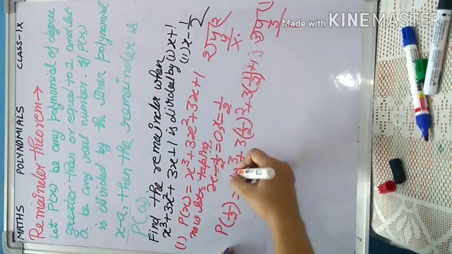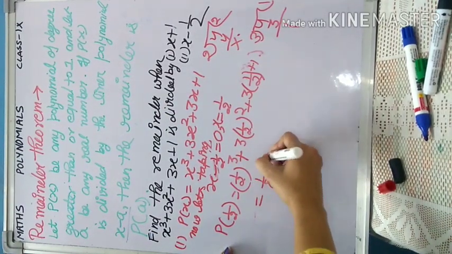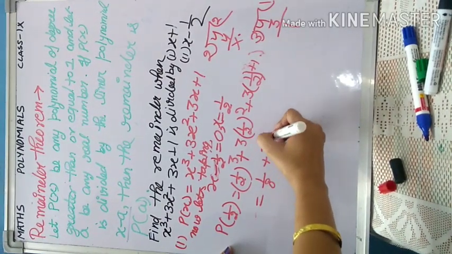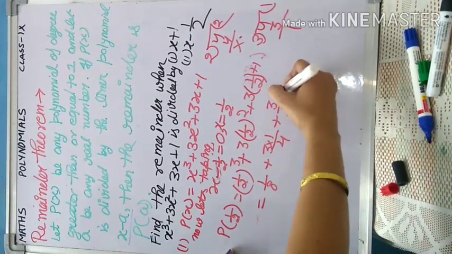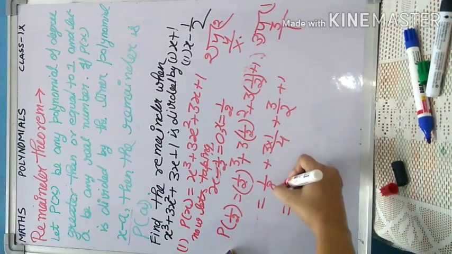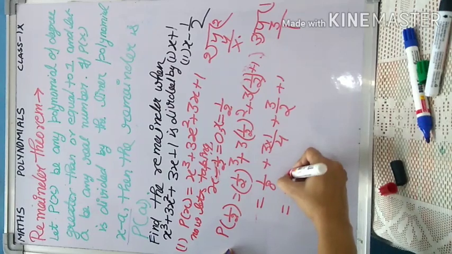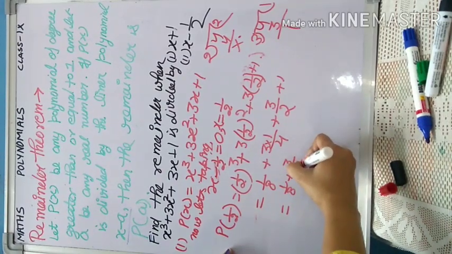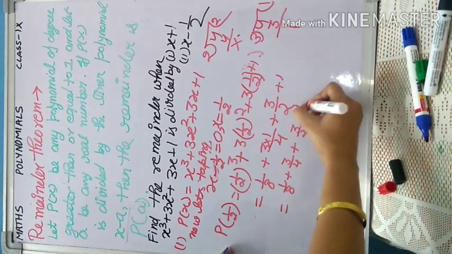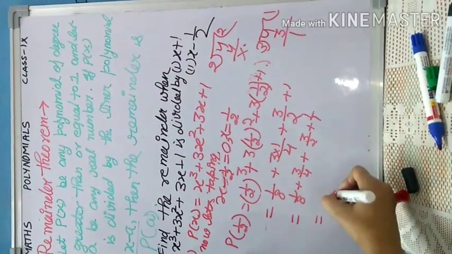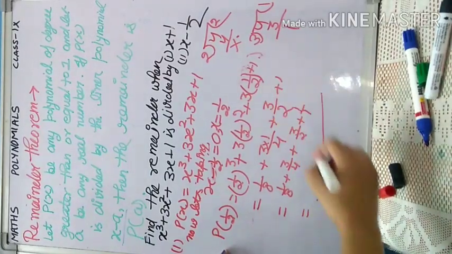Clear? This will be 1 upon 8 plus 3 into 1 upon 4 plus 3 into 1 upon 2, that is 3 upon 2 plus 1. Clearly this is 1 upon 8 plus 3 upon 4 plus 3 upon 2 plus 1 upon 1. You can solve it this way.